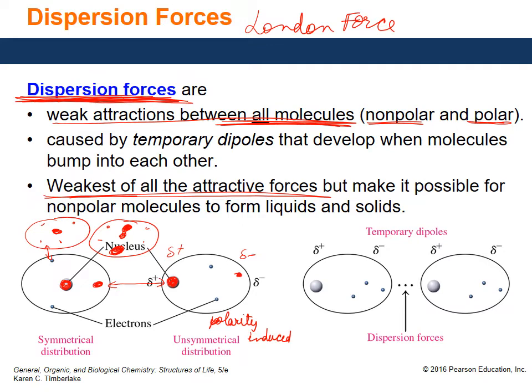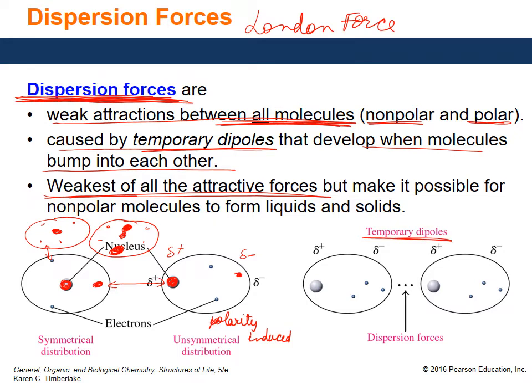So dispersion forces are caused by temporary dipoles, meaning temporary polarity, that can be developed when molecules bump into each other. Originally they were non-polar, but when they come close to each other, the electrons redistribute around the space in the molecule, because of which the molecules become induced polar. So they create temporary dipoles.